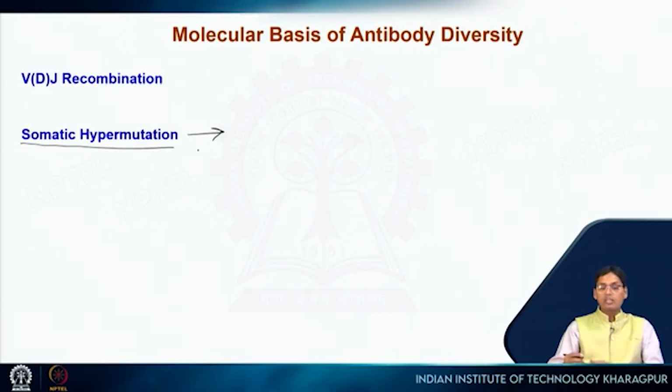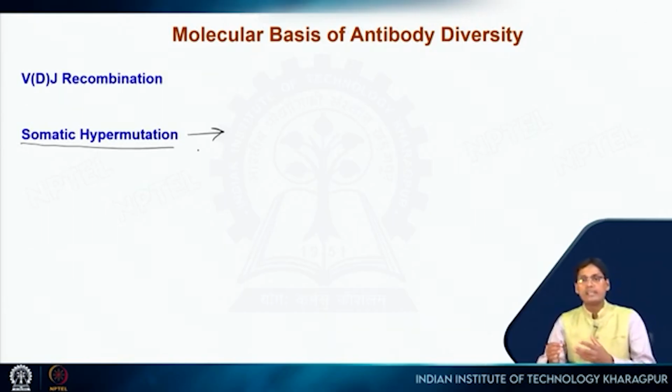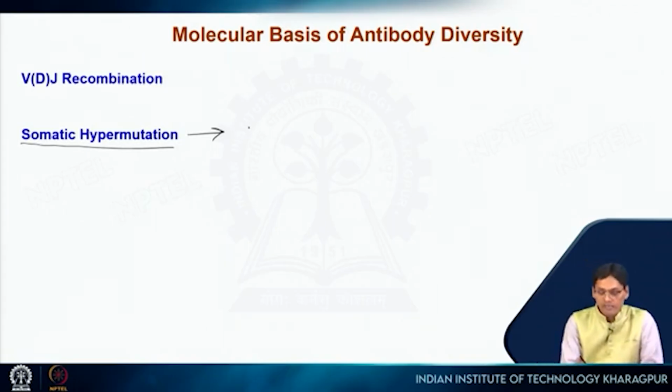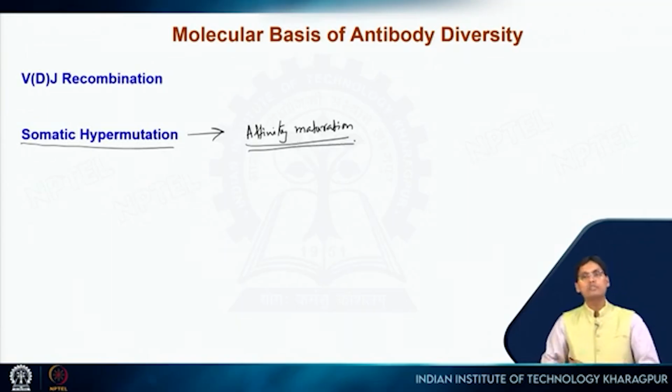So some kind of affinity increase happens. This is called affinity maturation of an antibody. After the affinity maturation steps, that B cell will be converted into a plasma cell, and it will secrete antibody, and this will bind to the antigen very tightly.